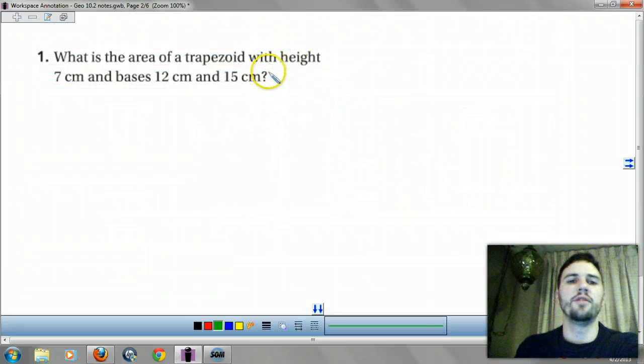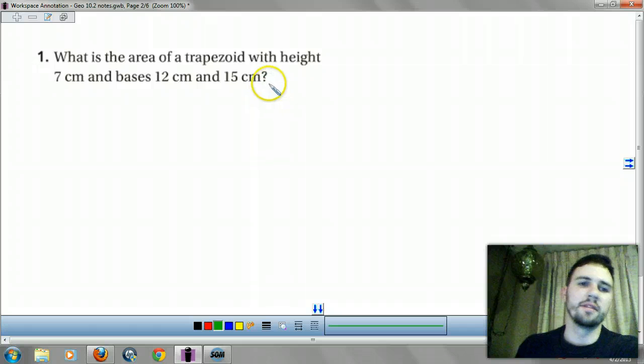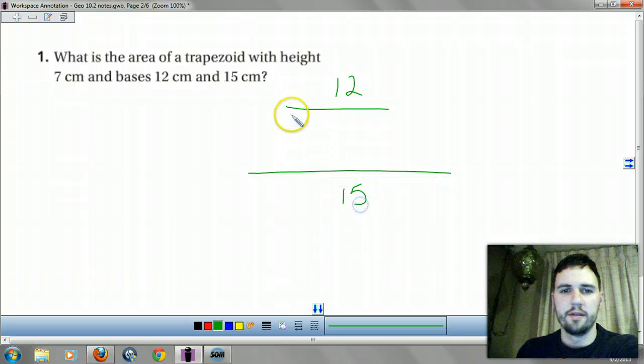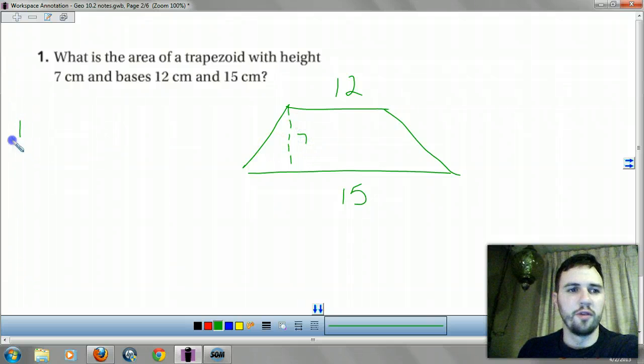Okay, what's the area of a trapezoid with a height of 7 and bases of 12 and 15? So I'm going to draw a trapezoid, and my height is 7. My formula is 1/2 height times base 1 plus base 2.